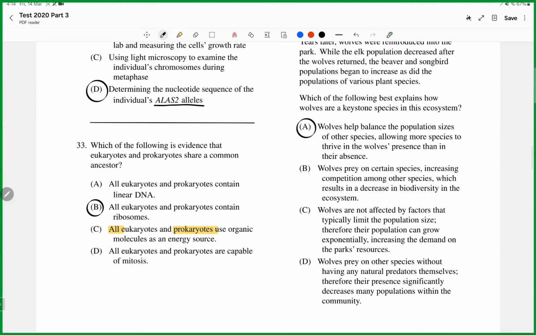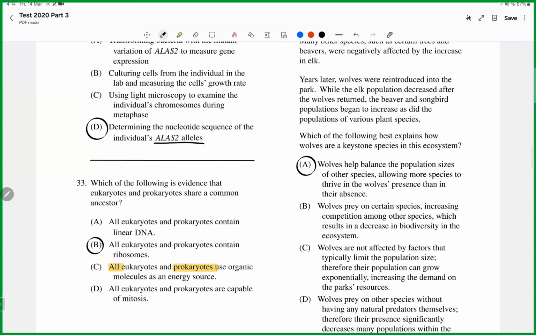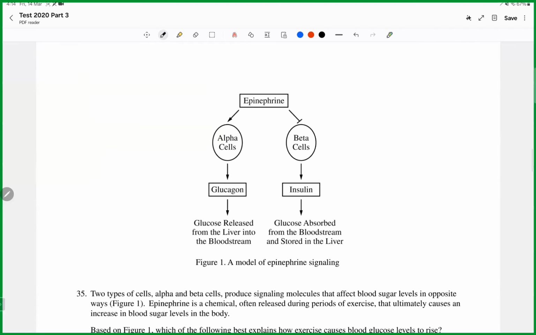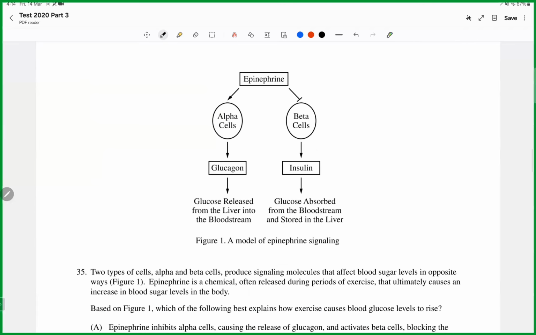Okay. Again, this sign. This means what? Block. Epinephrine is blocking the beta cells. And this means activate. Right, so epinephrine is going to block insulin production, but epinephrine is actually going to stimulate glucagon production.